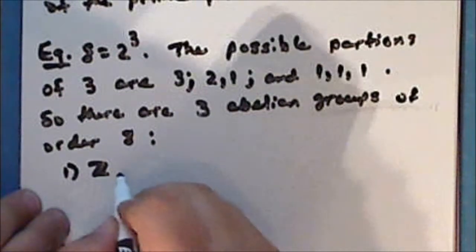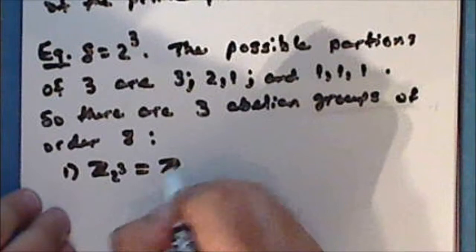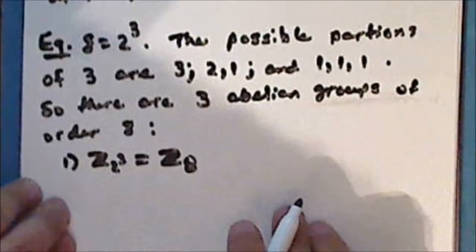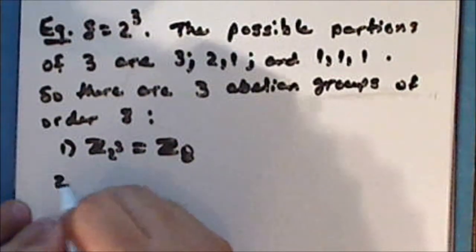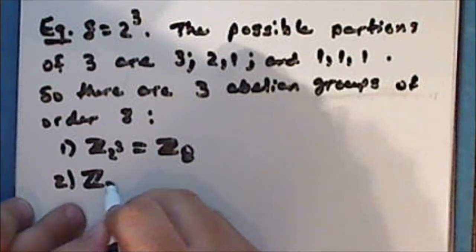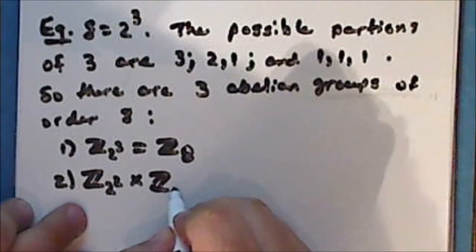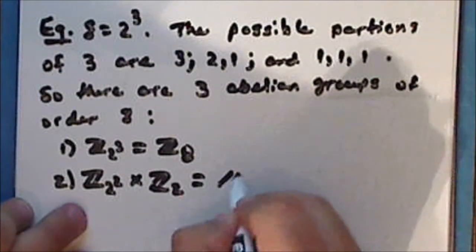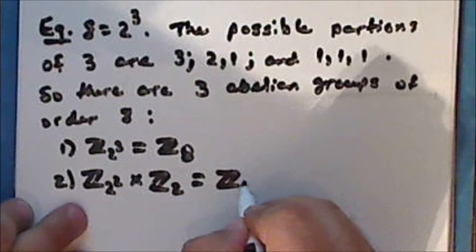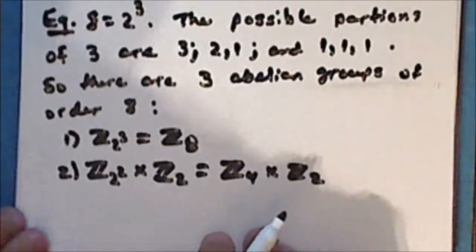We have the integers modulo 2 to the power of 3, which is the integers modulo 8. We have the product of the integers modulo 2 to the power of 2 times the integers modulo 2, which is the integers modulo 4 times the integers modulo 2.